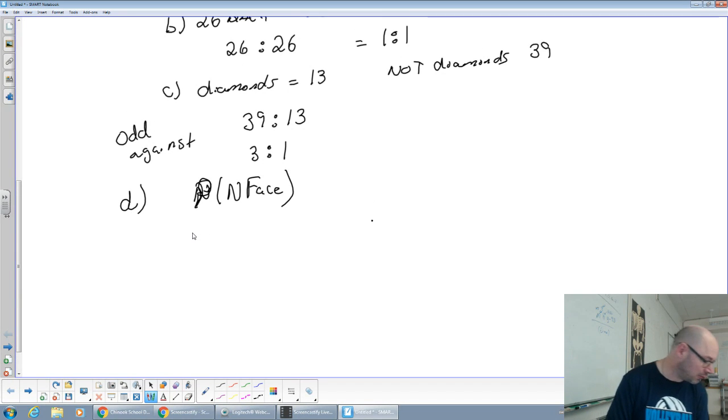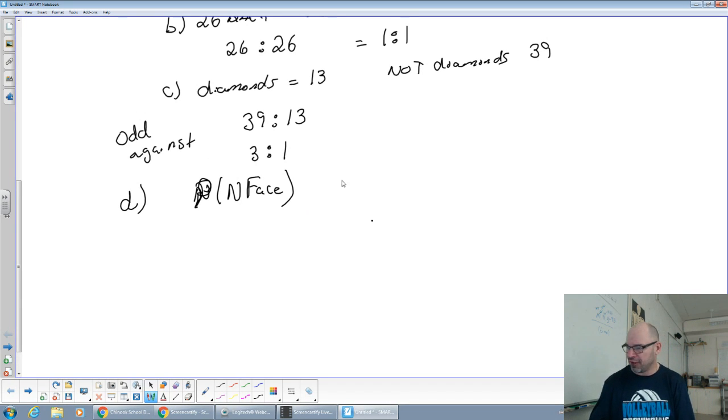So we have to determine how many face cards are there in the deck and what are the total. Number of face cards in a deck, there are 12 face cards. And there are 52 total.